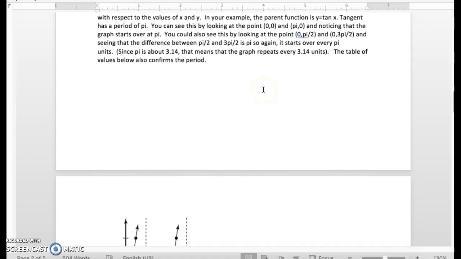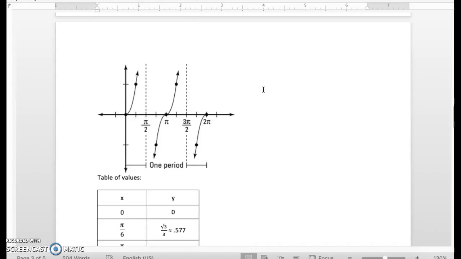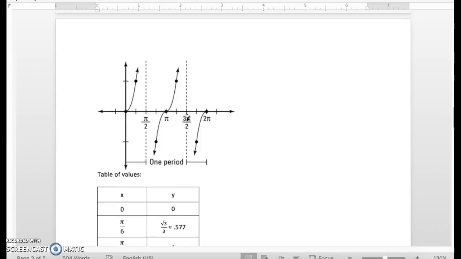You can see this in the graph below, that the parent function, tangent of x, goes from 0 to pi to 2 pi and so forth as it repeats. You can also see from pi over 2 to 3 pi over 2 that you do have one complete period of tangent of x.